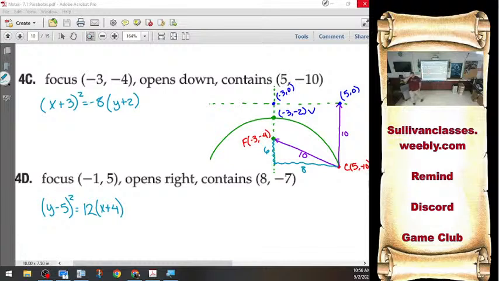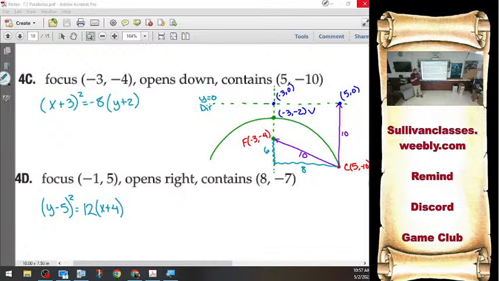So 10 north of 5, -10 is 5, 0. That makes my directrix y equals 0. The intersection between my directrix and my axis of symmetry is at -3, 0, and my vertex is halfway in between there and my focus.